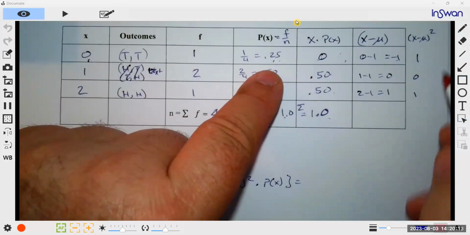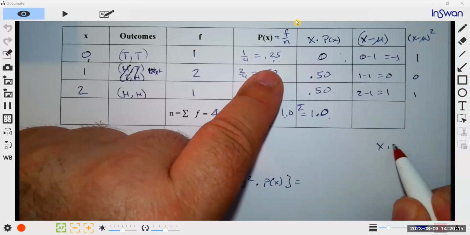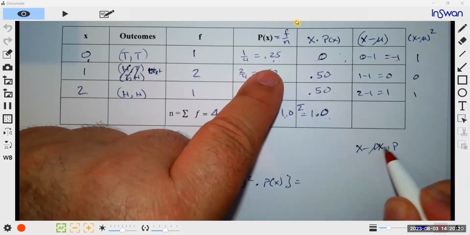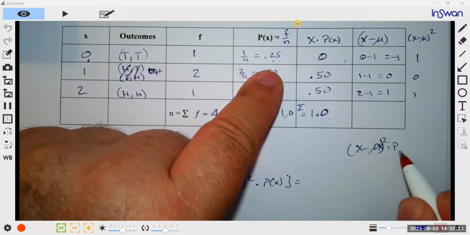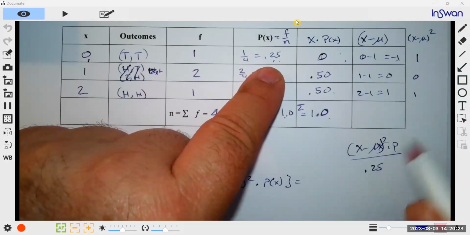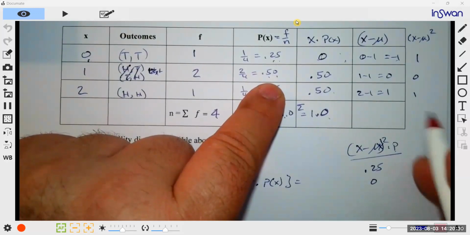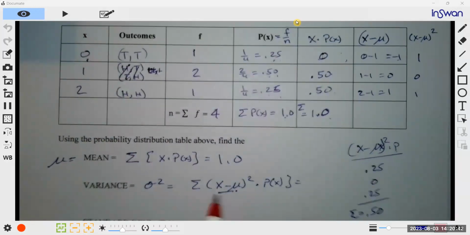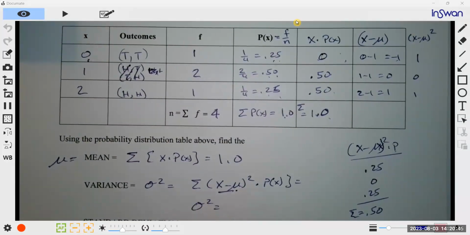So we have x minus mu, squared, times p of x. 1 times 0.25 is 0.25. 0 times 0.5 is 0. 1 times 0.25 is 0.25. Add up all those, we get 0.50. So the variance is 0.50.